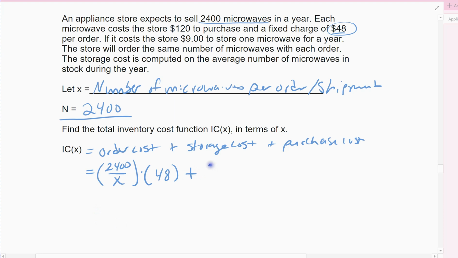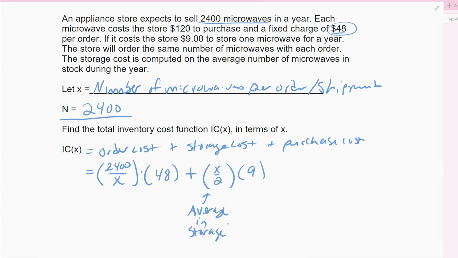The storage cost is based on averages. The average is a little more complicated; you just kind of have to memorize it. On average, you take the number of items per order and divide by 2. So that's X divided by 2, times the storage cost, which is 9. It's a fairly complex idea, but it's based on averages.